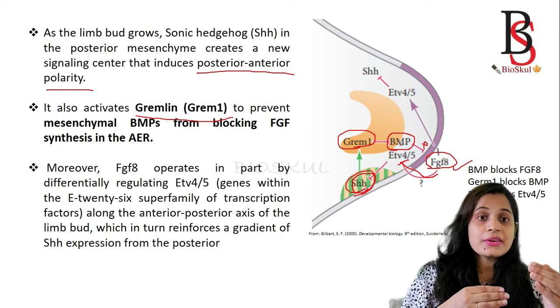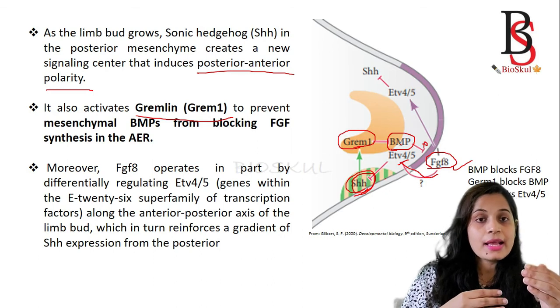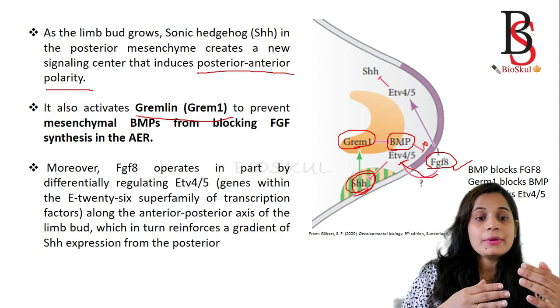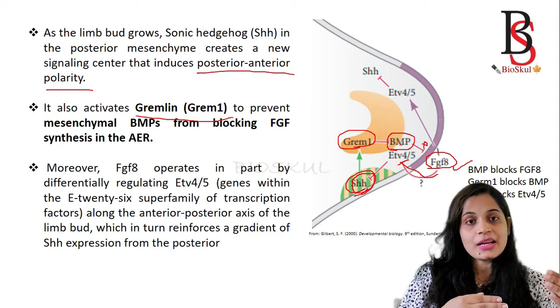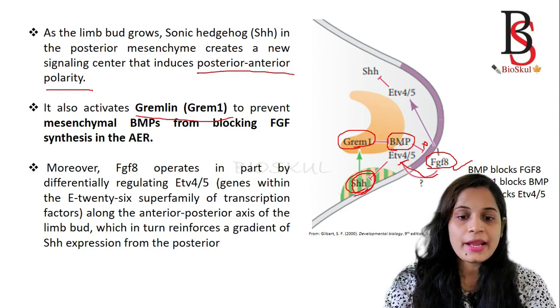Then that FGF8 protein will block the ETV4/5. As the ETV4/5 is blocked, now ETV4 and 5 cannot suppress the sonic hedgehog protein. So that led to the expression of sonic hedgehog protein at the posterior end.